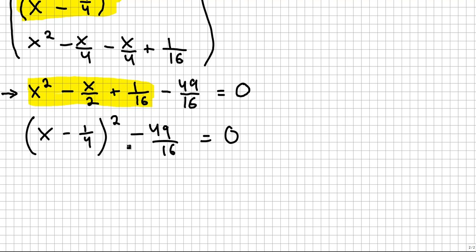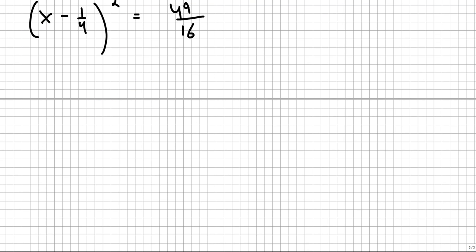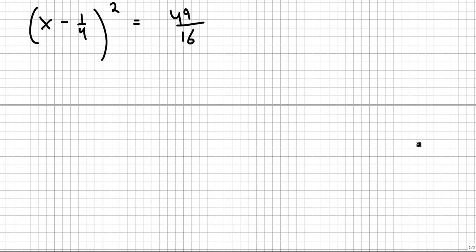I would like to move this thing to the right side, then it becomes plus. So x minus 1 over 4 to the power of 2 is equal to 49 over 16. I would like to get rid of the power of 2 on the left side, so I take the square root of the left side and the square root of the right side.